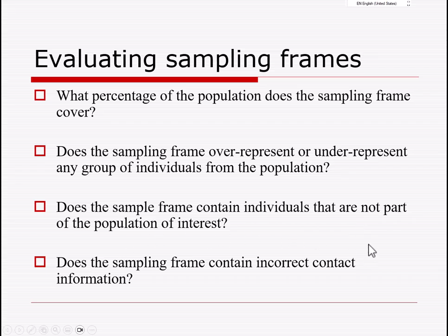Those will be ineligibles. Does the sampling frame contain correct contact information, which is not reachables? You may discard the sampling frame depending on the answer to these questions, or you may combine more than one sampling frame to obtain good coverage of the population and few ineligibles.